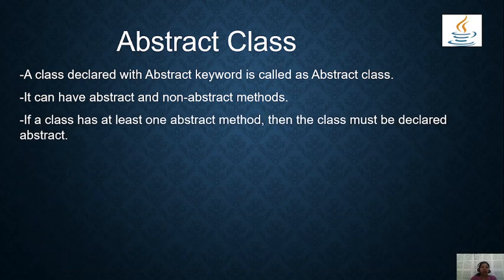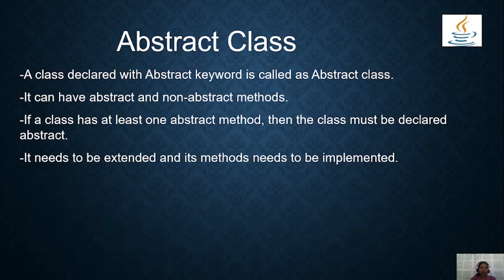If the class has at least one abstract method, then the class must be declared as abstract. It needs to be extended and its methods need to be implemented, because an abstract class has blank methods.